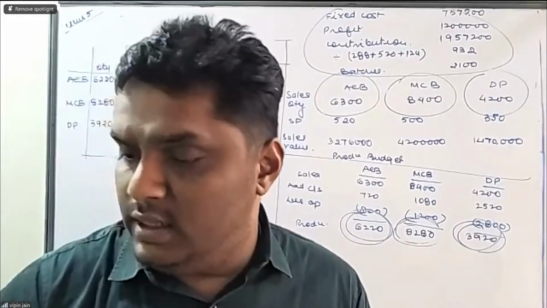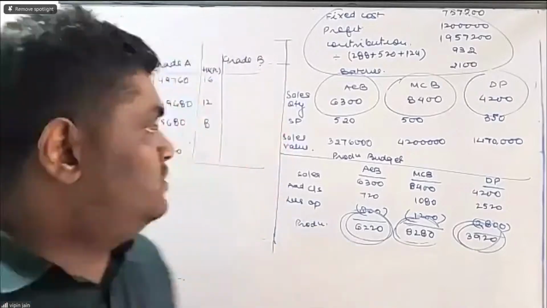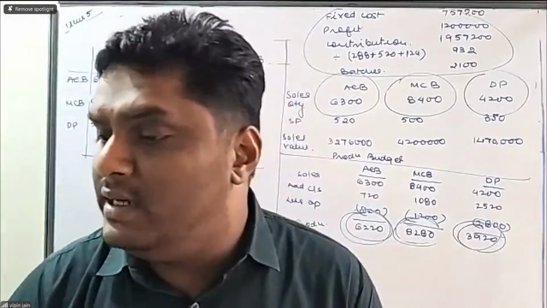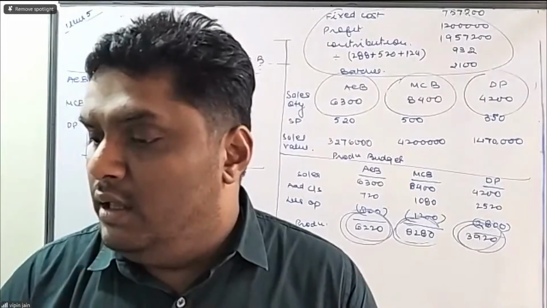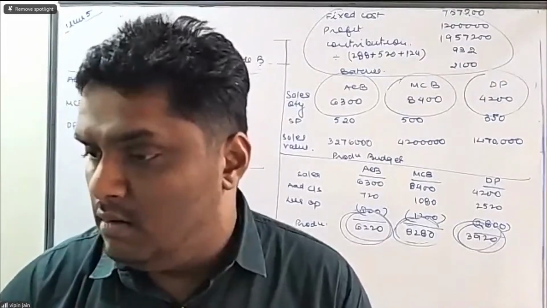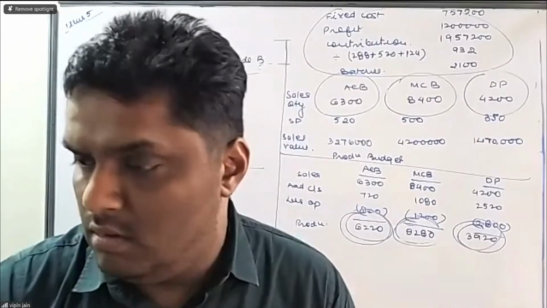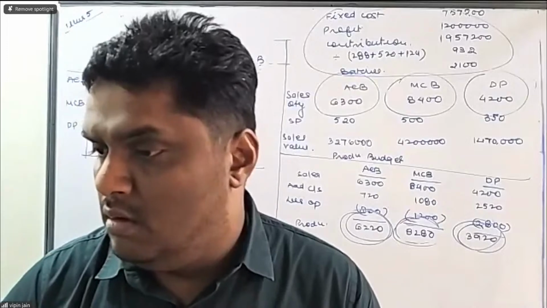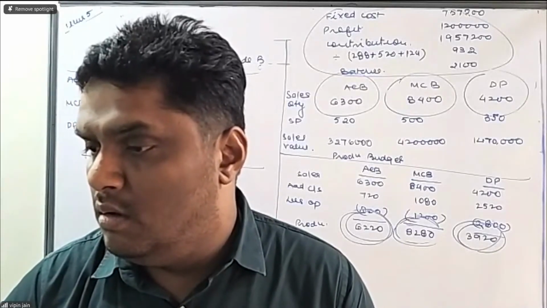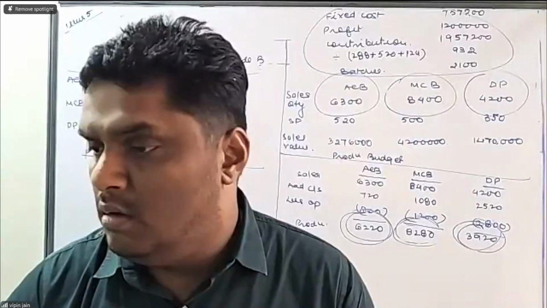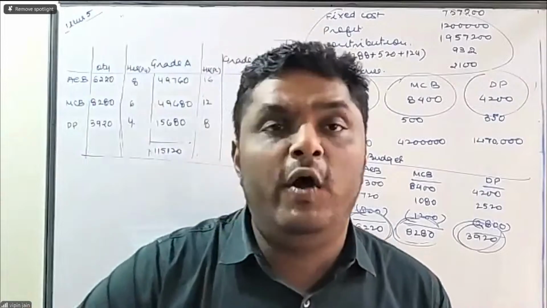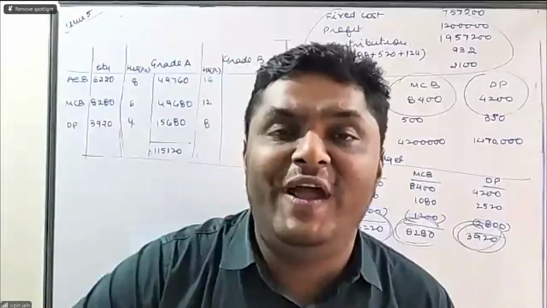Yes, thank you, Sarthak. So these are the total number of hours required, and a worker works for how many hours? It is given in the question that a worker works for 8 hours in a day and 25 days in a month.